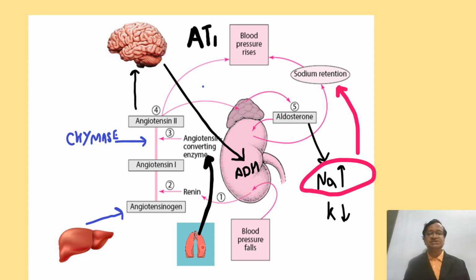So BP falls, renin causes angiotensinogen to become angiotensin 1. This angiotensin 1 becomes angiotensin 2 by the ACE, which is secreted by the lungs, and this causes these 1, 2, 3 actions, and then sodium retention is also caused by the kidneys, and again the blood pressure rises. So this is how the BP is controlled by the RAS system.